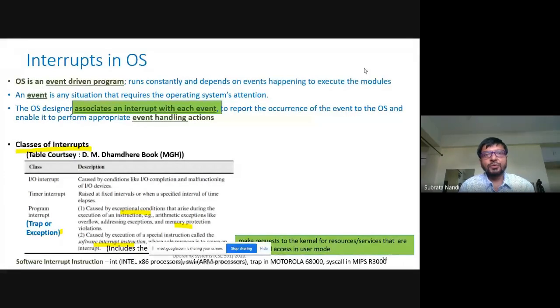So in an operating system there will be a finite set of interrupts, each corresponding to a unique event that might occur while the operating system is running or while user processes are getting executed.